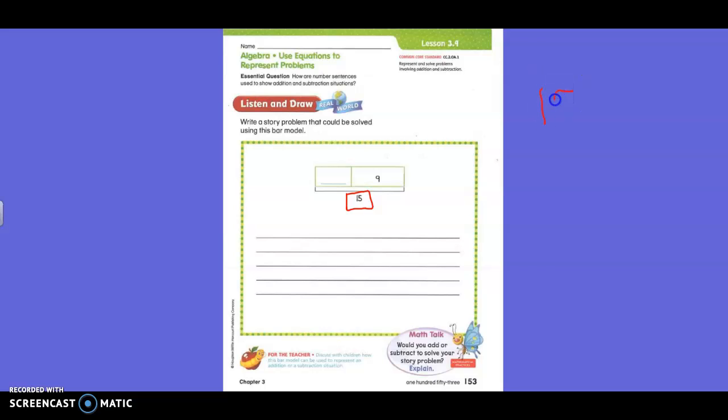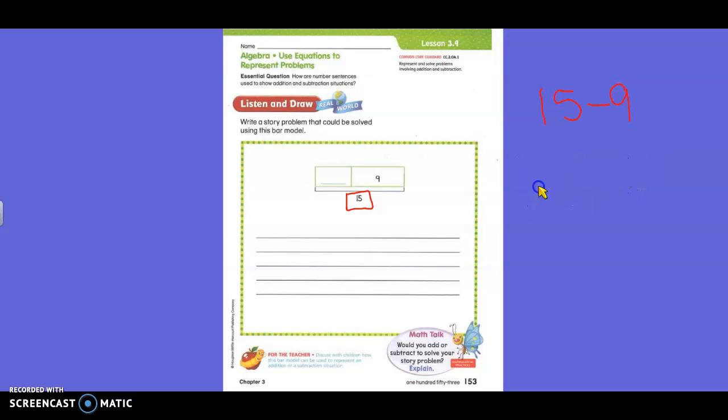That's going to have to be your first number. Because if you add 15 plus something, plus 9, you are not going to get a littler number, are you? That's not going to make sense in the bar. You have to subtract the 9, not add the 9, because that wouldn't make sense.